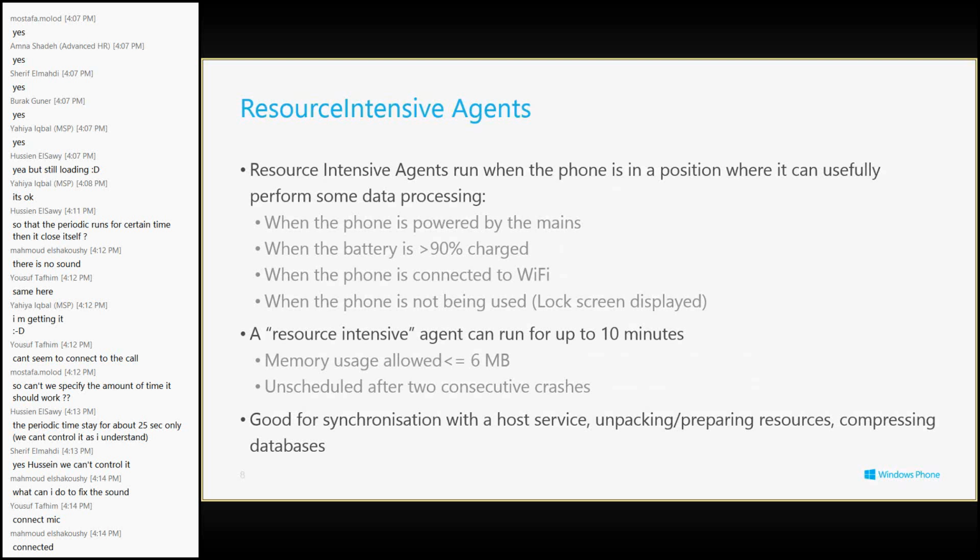So if it runs after 30 minutes and it crashes, and then it crashes again and keeps crashing, it keeps consuming unnecessary resources from your phone. So that's why it gets unscheduled after two consecutive crashes.